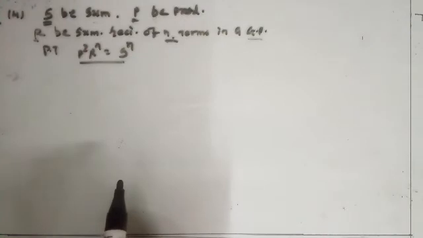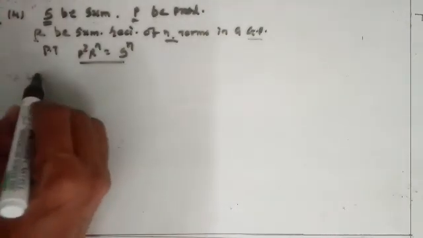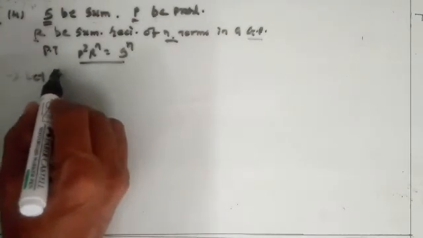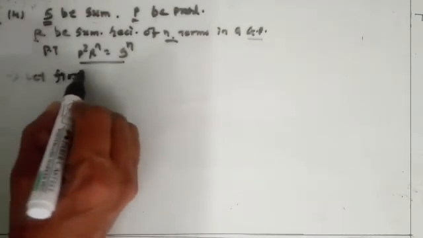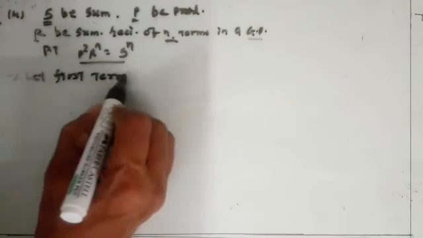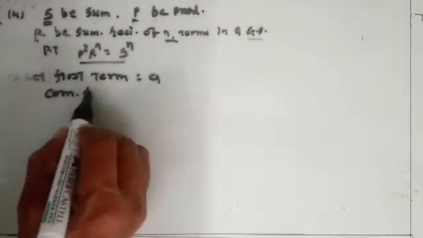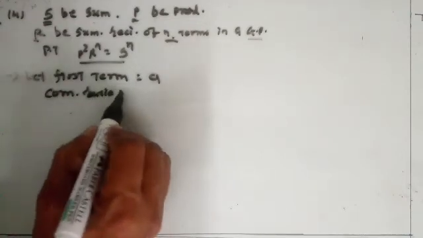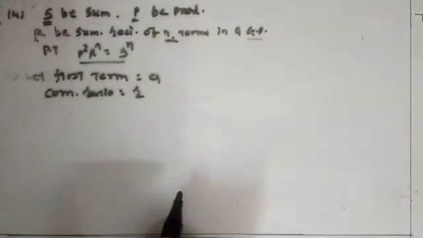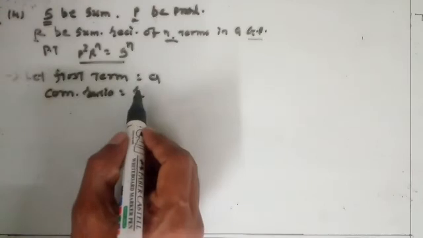So first suppose the first term is equal to A and the common ratio is equal to r.